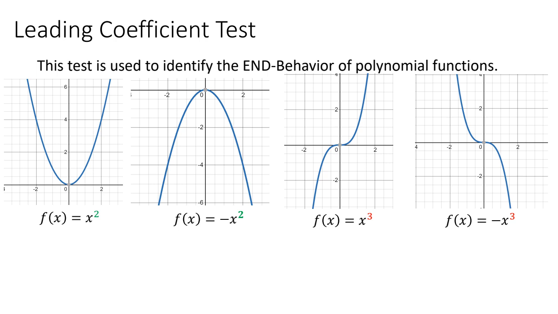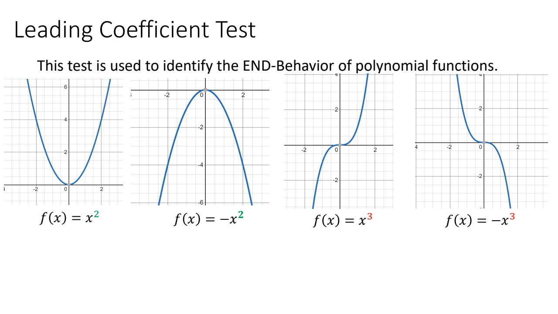So let's start with the quadratic. My quadratic is an even function. The reason I know this is an even function is, I like to tell my students, look at the exponent. Since the degree of this polynomial is 2, and 2 is an even number, this makes the quadratic an even function.